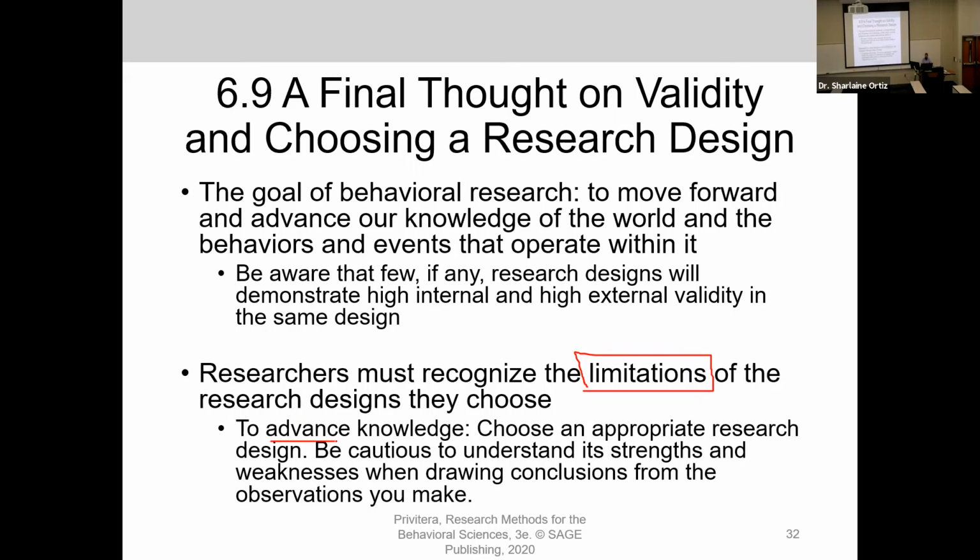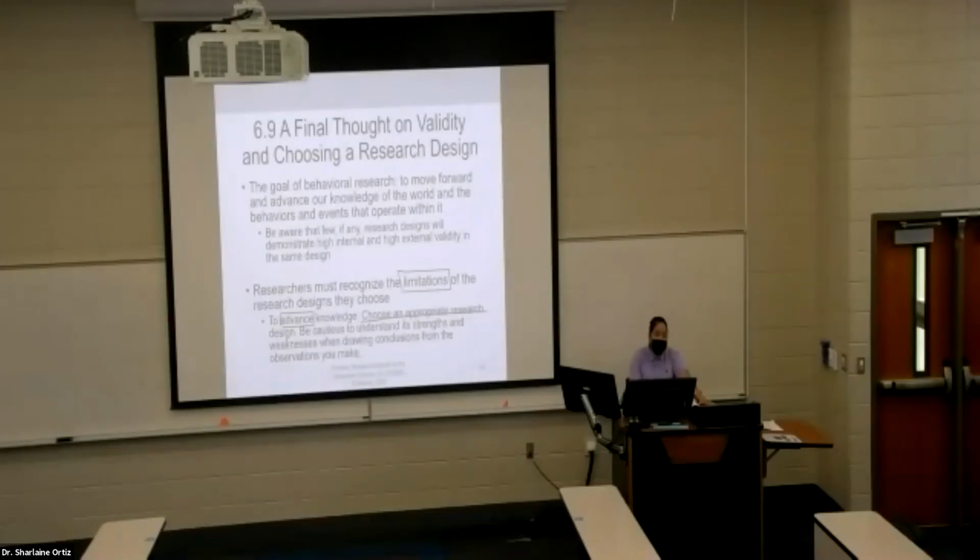To advance knowledge, you will need to choose an appropriate method, an appropriate research design. If you're not choosing the appropriate method, chances are you won't be able to expand on that knowledge accurately or appropriately.